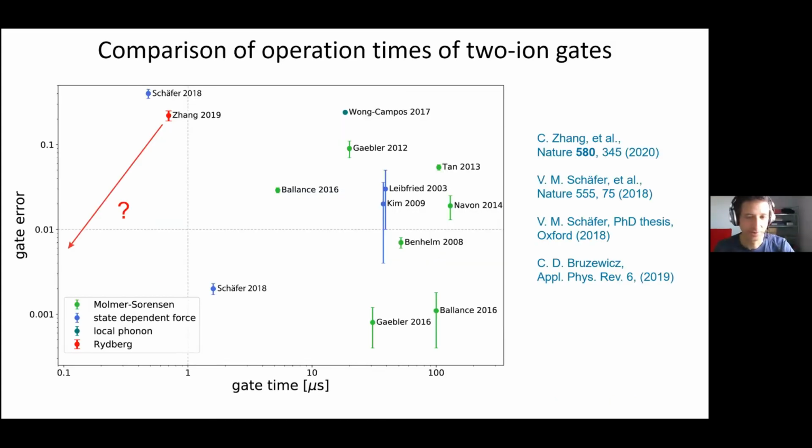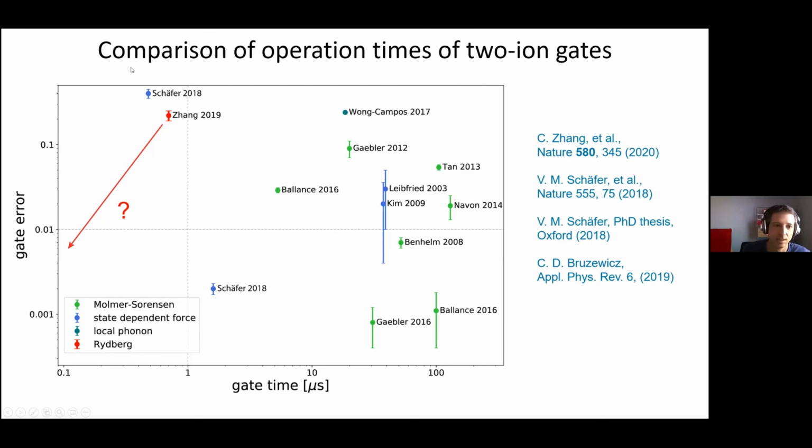How does it compare to other gates in trapped ions? Here is a graph of many different gates that have been realized. Here you see the gates by the NIST and the Oxford groups at really high fidelity, below 10 to the minus 3.